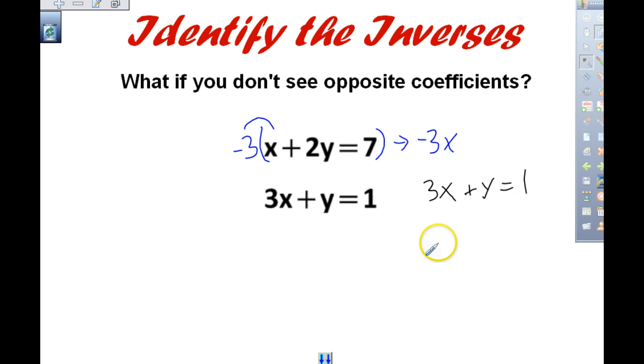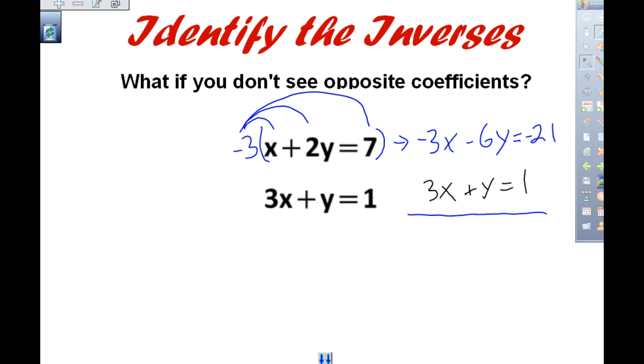As long as you do it everywhere, it's perfectly fine. So it'll be negative 6y, and even on to the other side, you've got to do both sides. As long as you do it everywhere, now you have a situation much like yesterday's. Variable eliminates, and you can finish up the work.